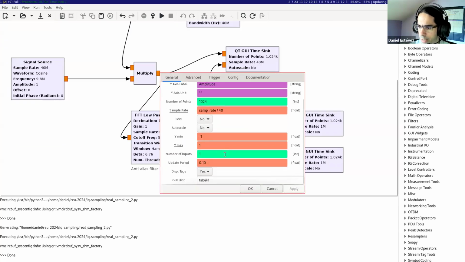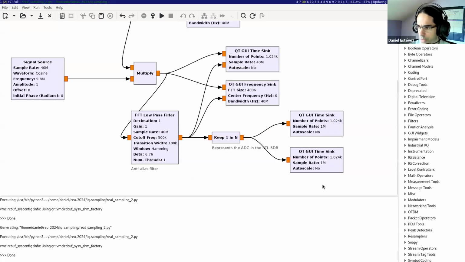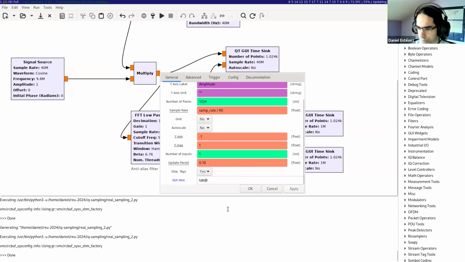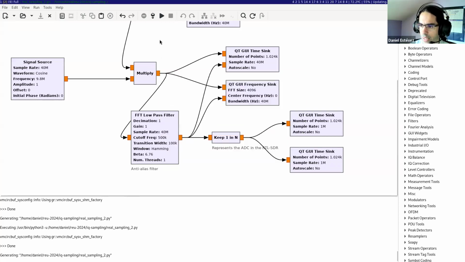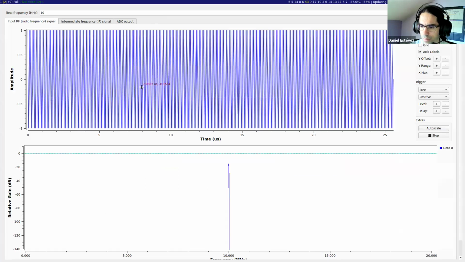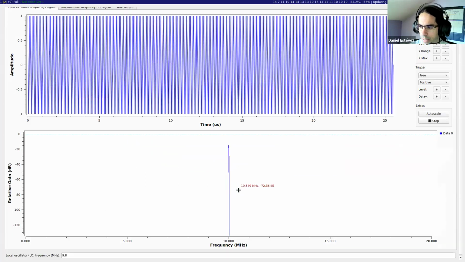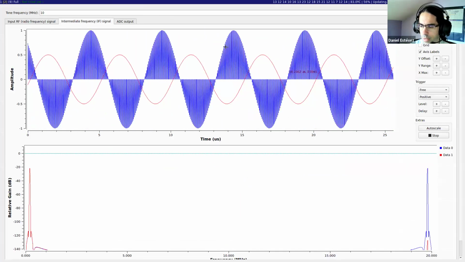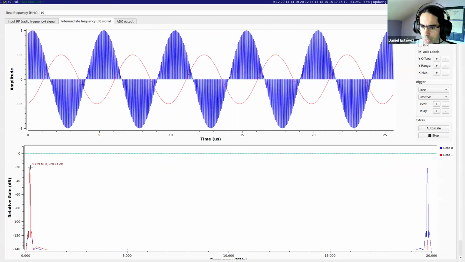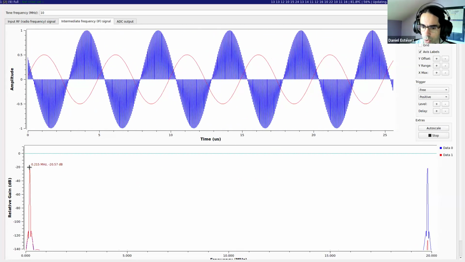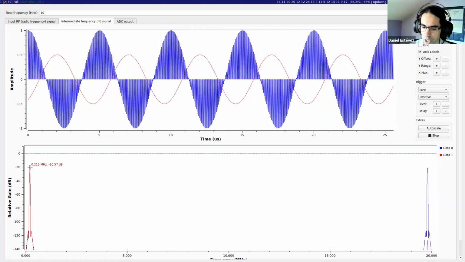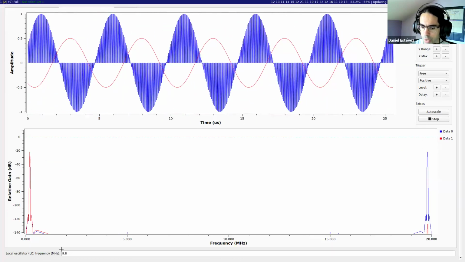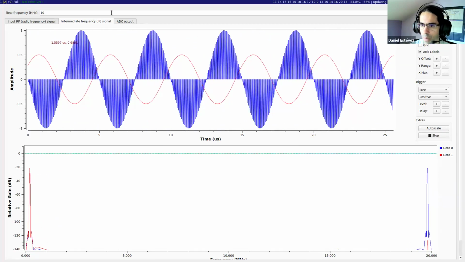So have I set this to third tab? No. Okay, let's see how this looks. We have the 10 megahertz input signal. This is the same as before. We have this 200 kilohertz signal. We have shifted things down by 9.8 megahertz.